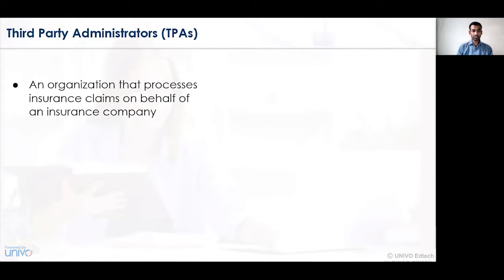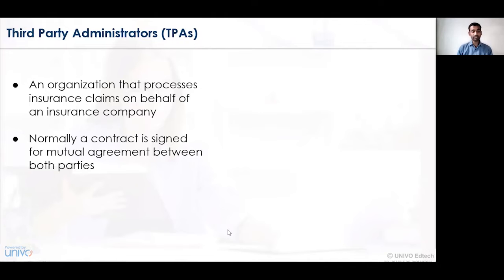A third-party administrator is an organization that processes insurance claims on behalf of an insurance company. So, in this scenario, an organization is appointed for processing the claims that have been received by an insurance company.